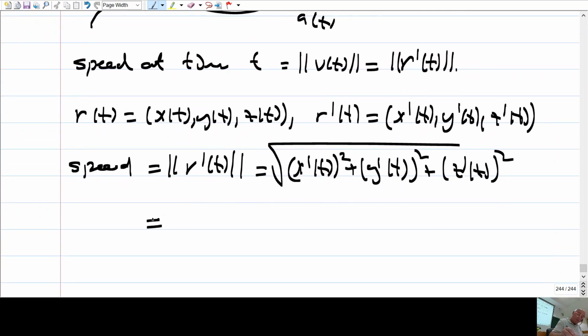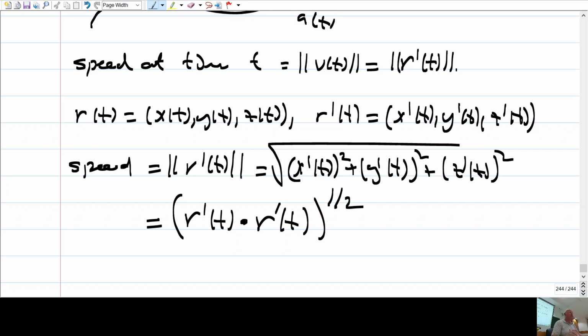Well, what is this actually? This is nothing but r prime dot product with r prime, and then you take the square root. If you take the inner product of this vector with itself, you get x prime squared, y prime squared, z prime squared, and then you take the square root.